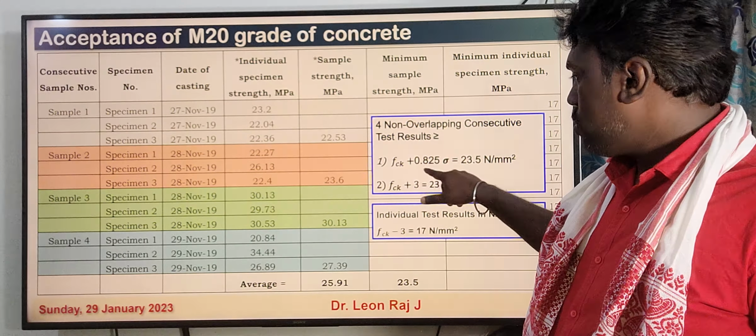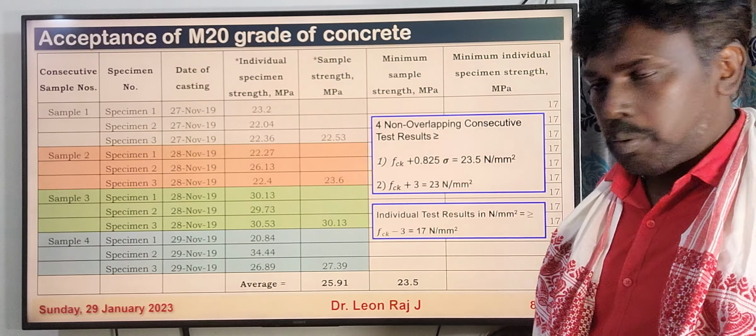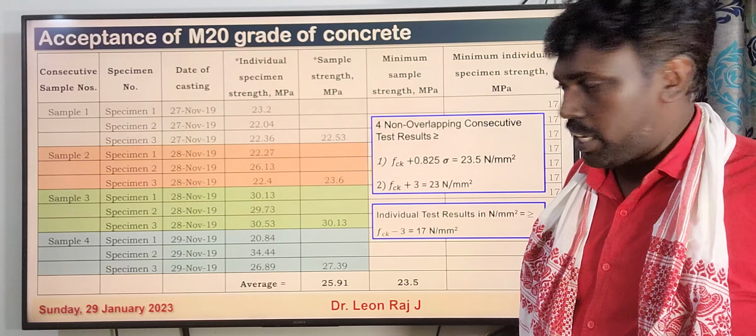The second criterion is fck plus 3, which is equal to 23 Newton per mm square. The maximum of these is 23.5 MPa. The individual test result should be greater than fck minus 3, that is 17 Newton per mm square. So our minimum individual specimen strength should be greater than 17 MPa.